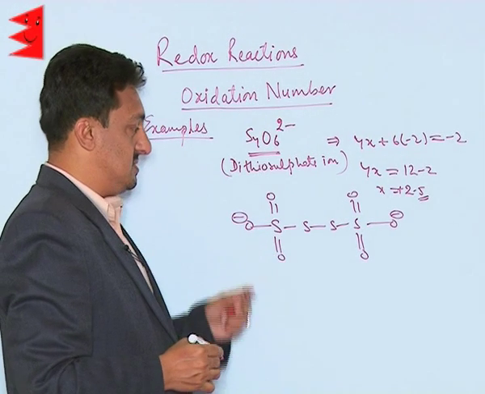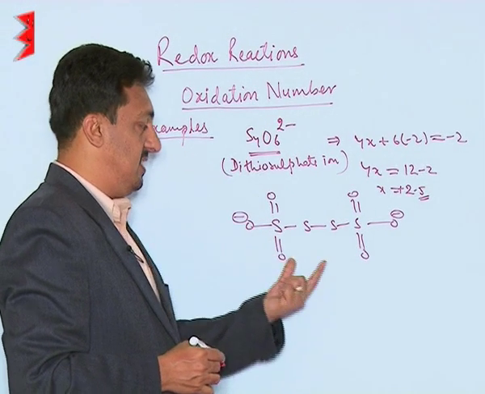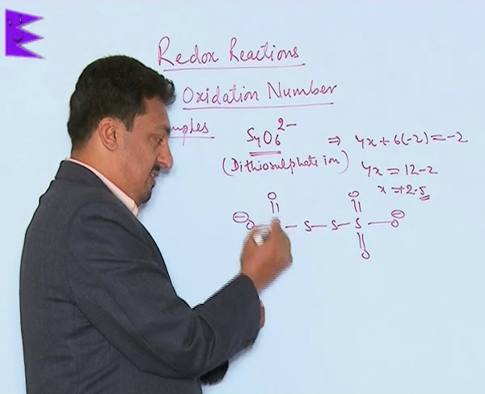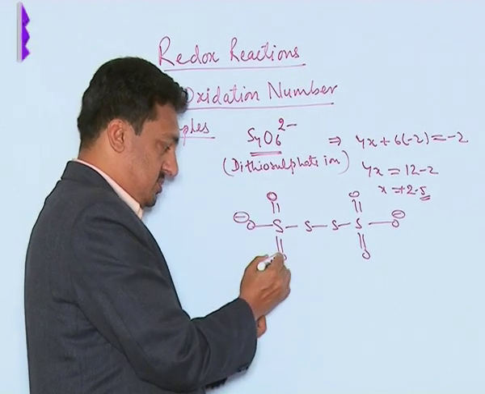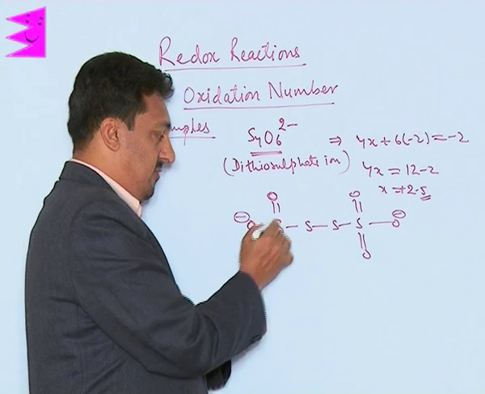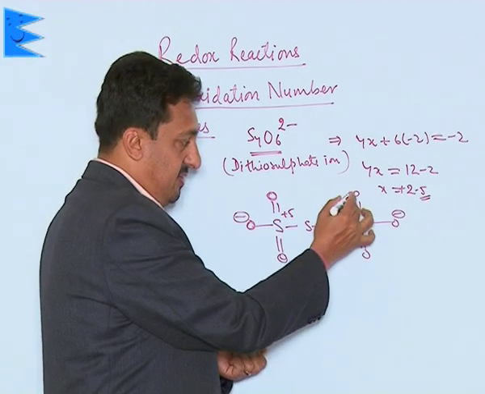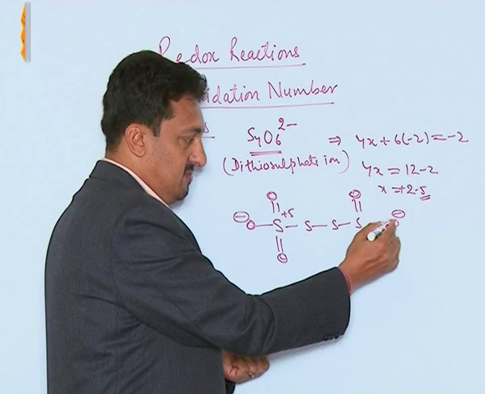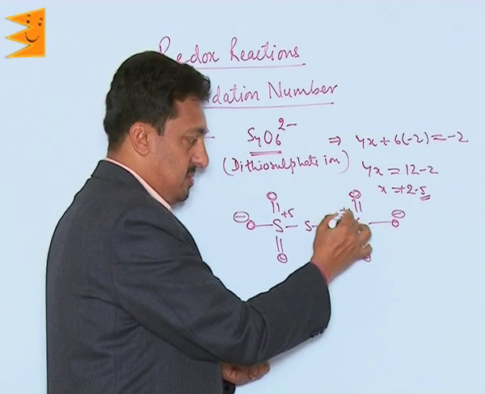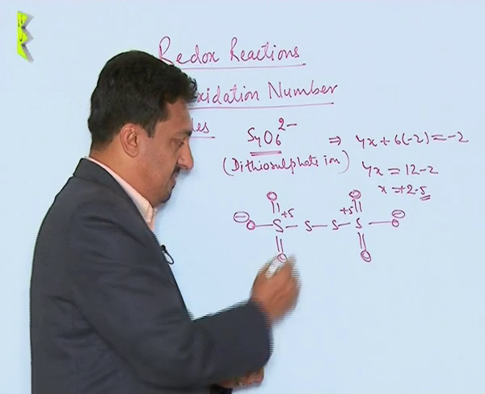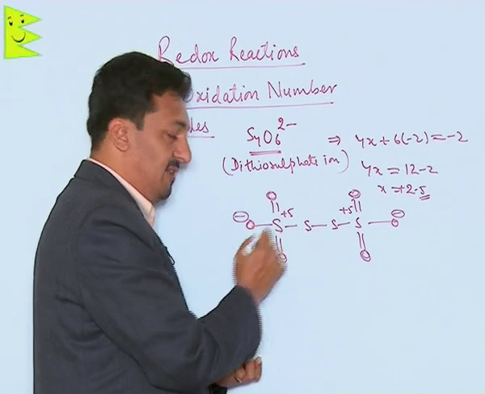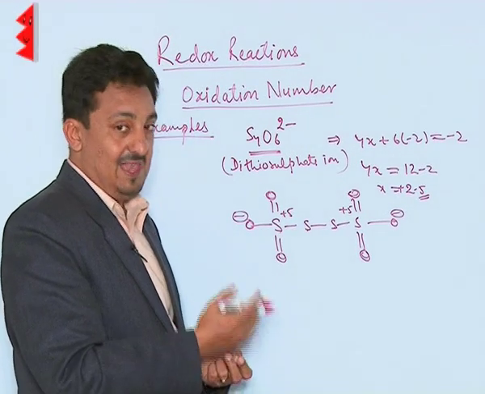You can see from this dithionate ion structure, this sulfur is losing 2 electrons to this oxygen, 2 to this, 1 to this, so it is in a loss of 5 electrons. Similarly, this sulfur is losing 2 to this oxygen, 2 to this, 1 to this, so this is also in a loss of 5 electrons. But since these sulfurs are bonded to the neighboring sulfur atoms, they will not be losing any electron.